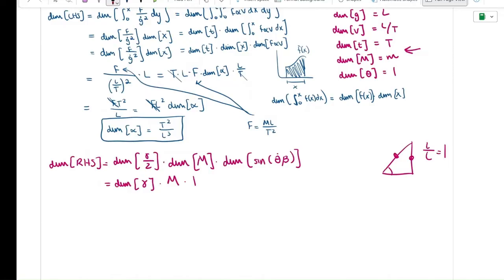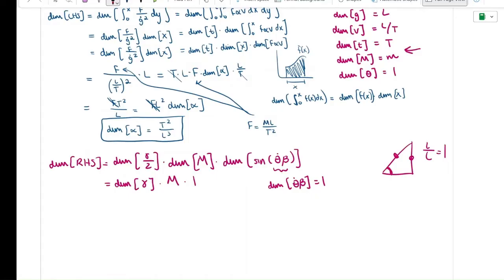But from this information, we know that also the angle, which is a dimensionless quantity, means that the dimension of theta dot beta is equal to 1. Because radians don't have dimension. So the angle is going to have dimension of 1.